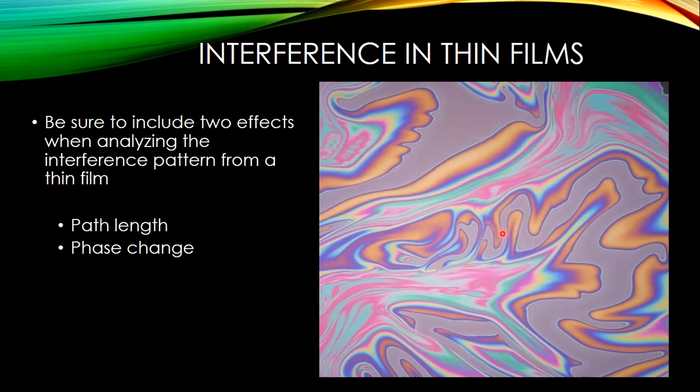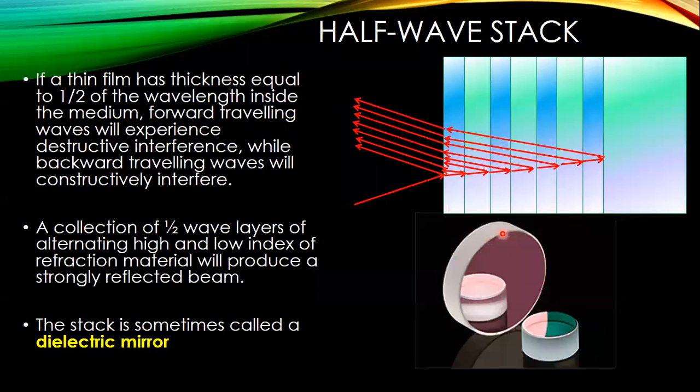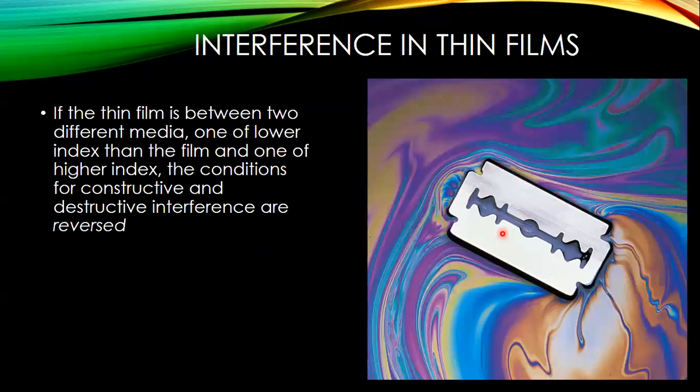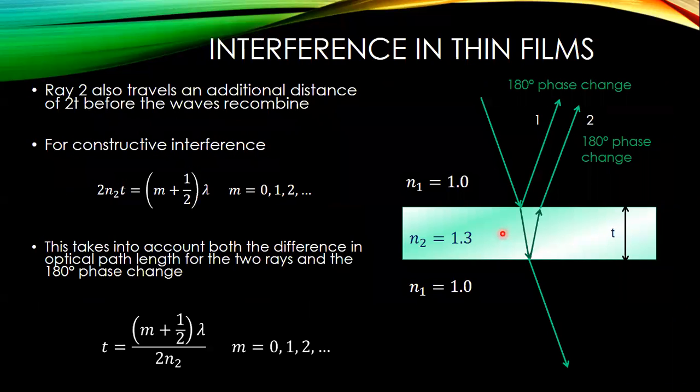Now, when we're doing the calculations for interference in thin films, if it's a single layer, like a soap bubble, typically, for a quarter wavelength, that is when we're going to get a strong reflection.